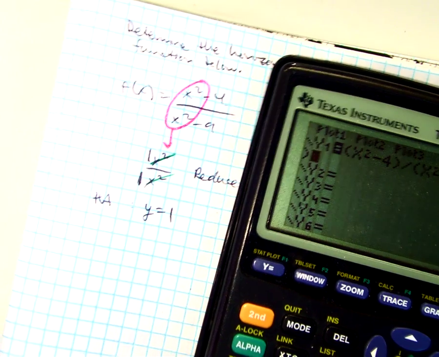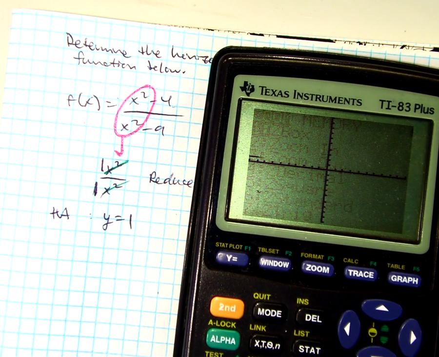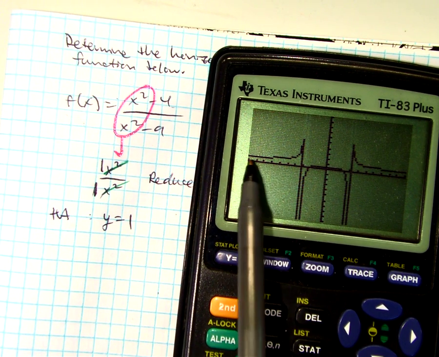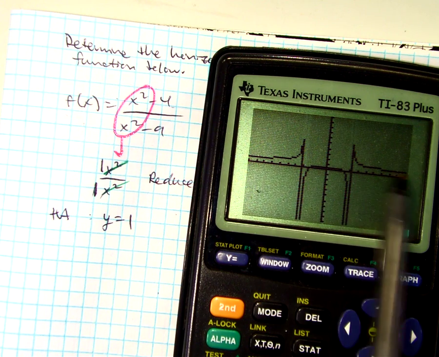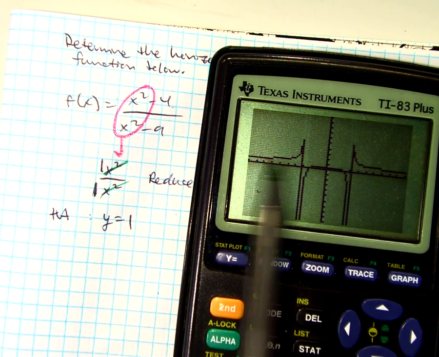I'm going to go ahead and do zoom 6. Okay. And you can see horizontally there's an asymptote right there, right?